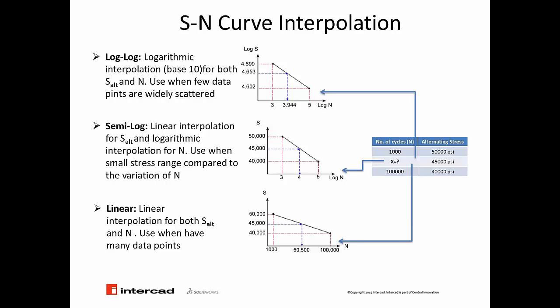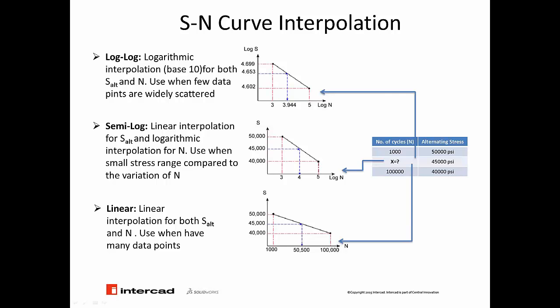Now it's your turn to enter that data in SolidWorks, in the SN curve section, and tell how these two sets of data are correlated: logarithmic, semi-logarithmic, or linear scale.